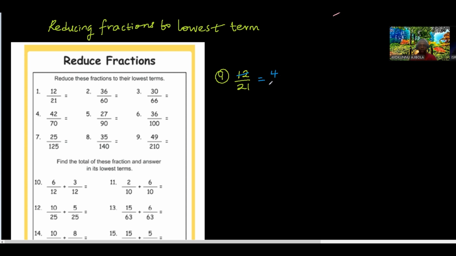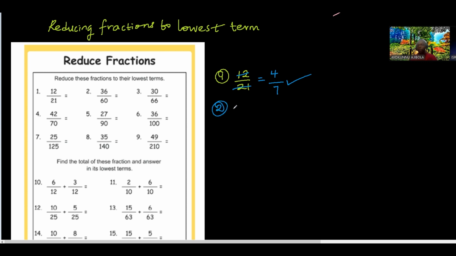That's 4 times. How many times does 3 go in 21? That's 7 times. Is this clear to you? In other words, we say 4 over 7 is the same as 12 over 21 because they are called equivalent fractions.